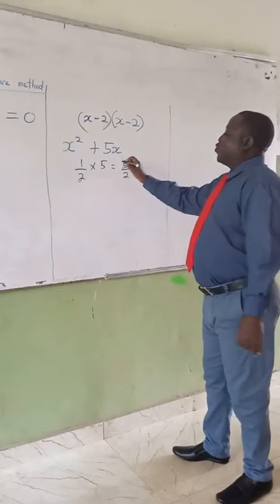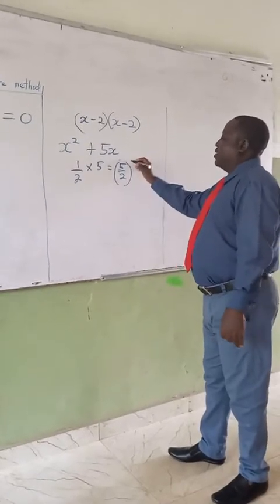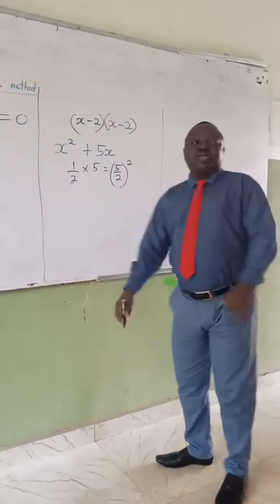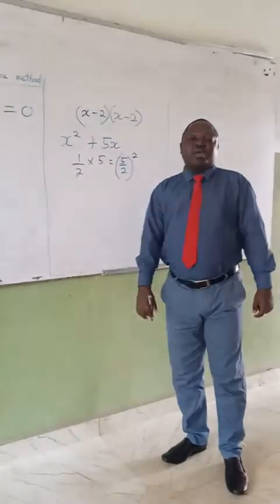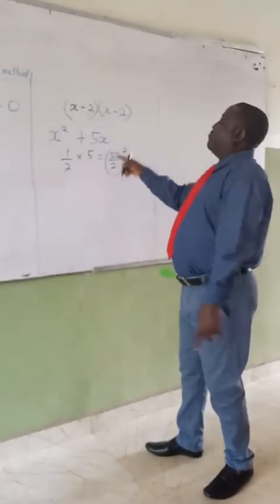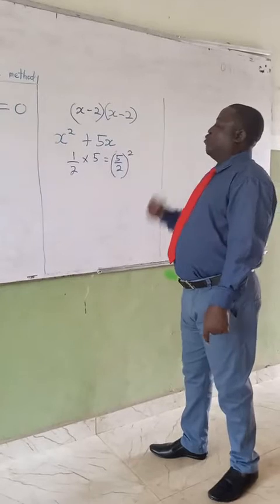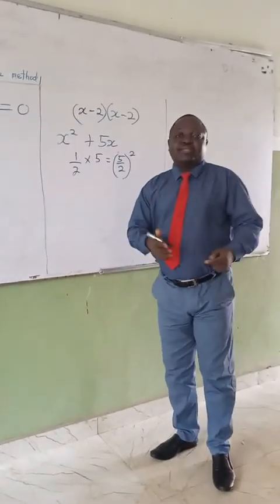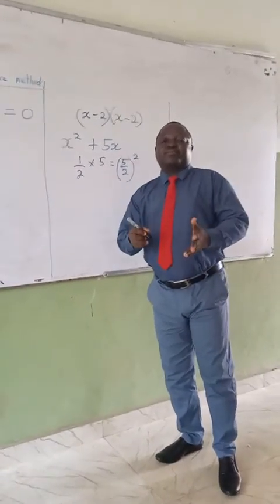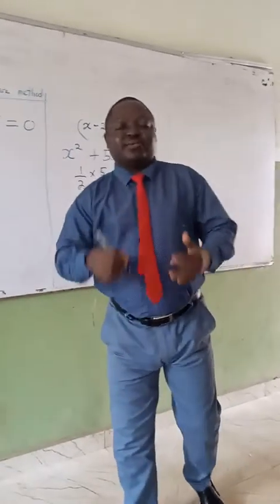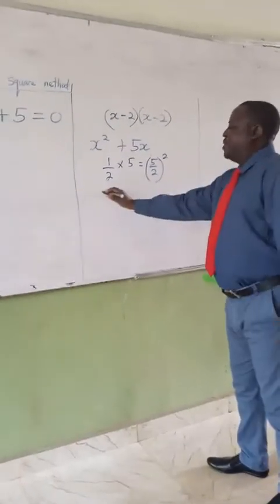If I square this 5 over 2, that will give us (5/2)². If I add this (5/2)² to the expression, we are going to get a perfect square. Now let's confirm it.